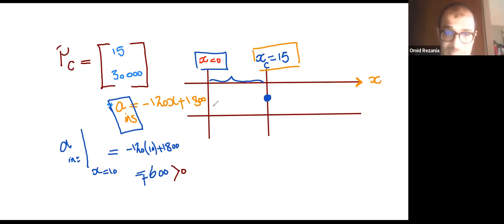If you put any random number between these, it gives the full picture of what's going to happen in this interval, x between 0 and 15. With an example that if x equal to 10, we got a positive number, which means that this interval is positive.